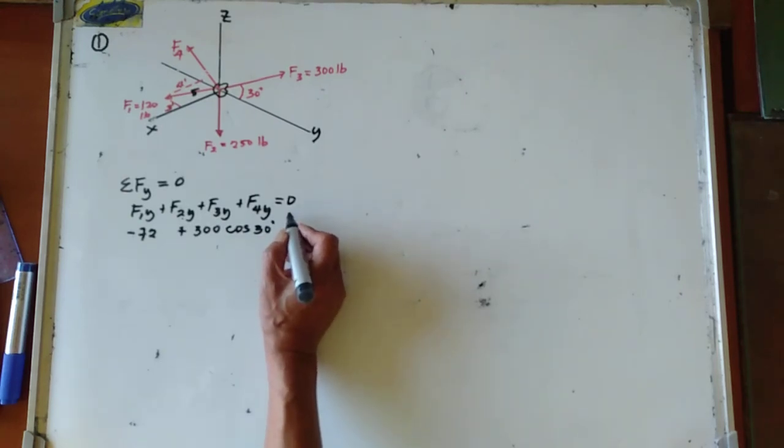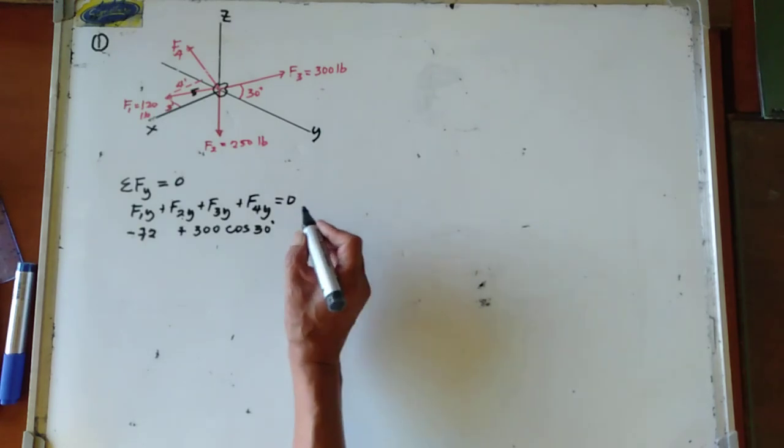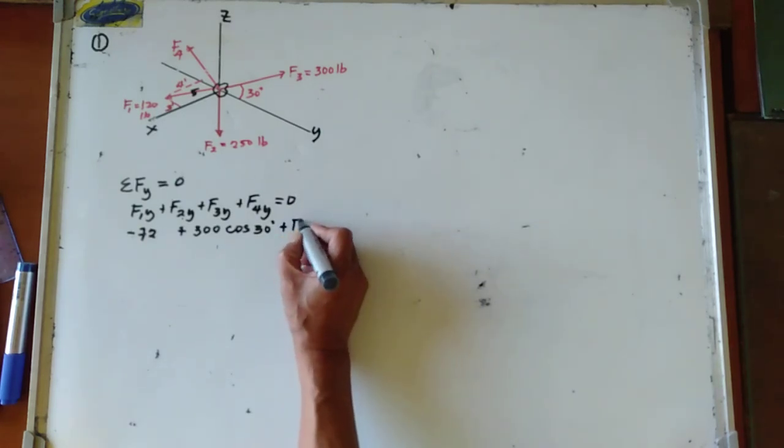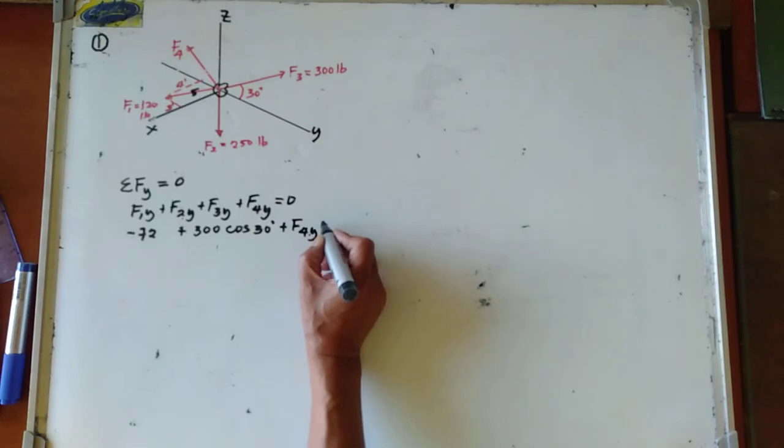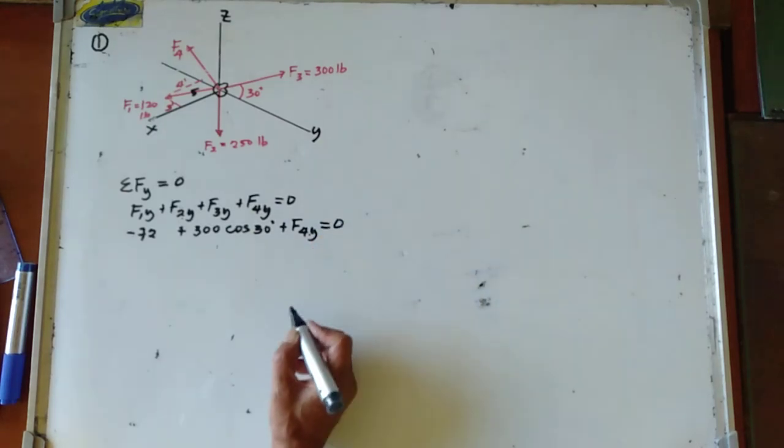And then F4y is unknown, plus F4y is equal to 0.